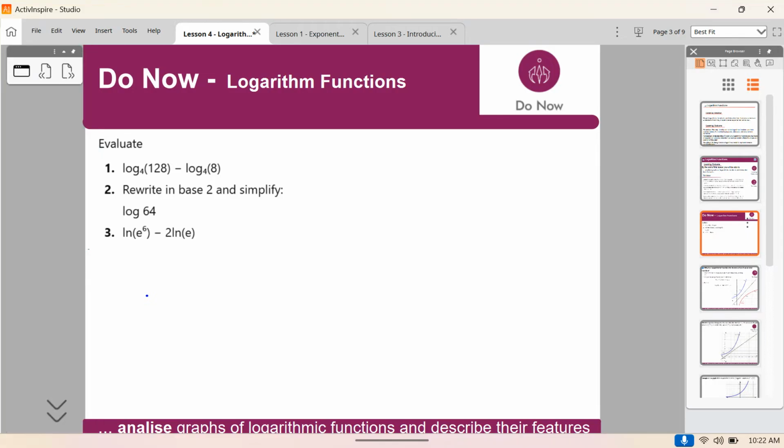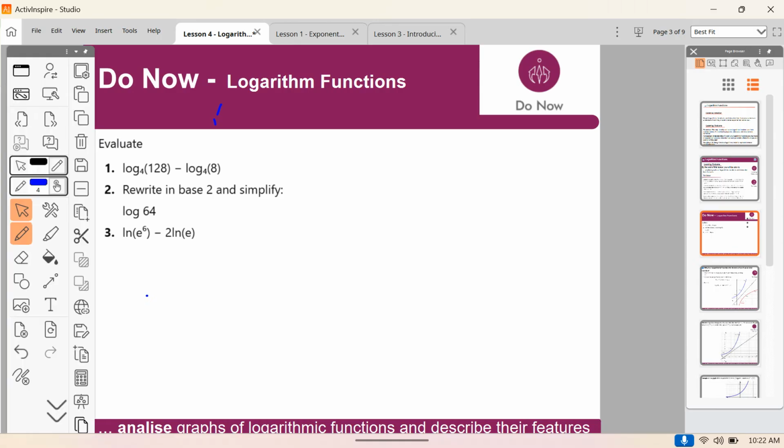So question number 1. We've got log base 4 of 128 minus log base 4 of 8.